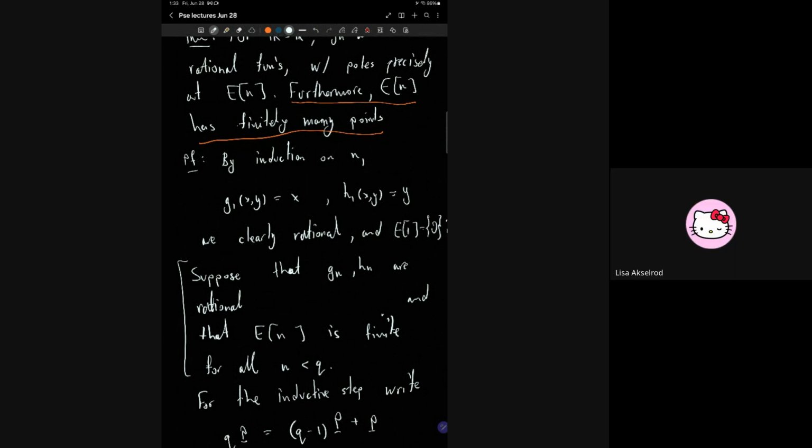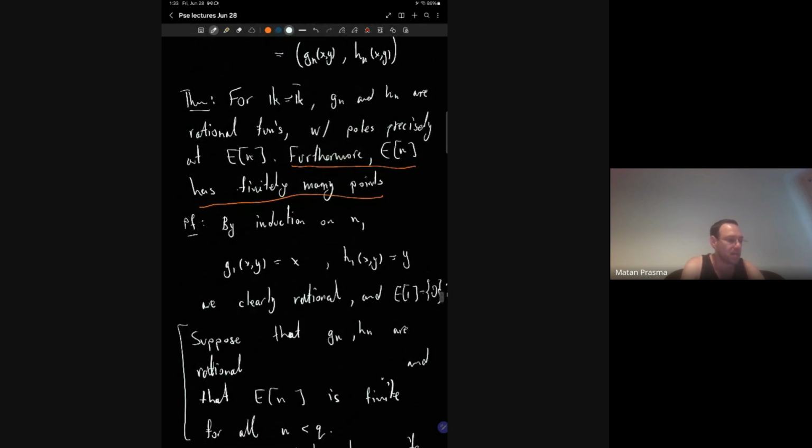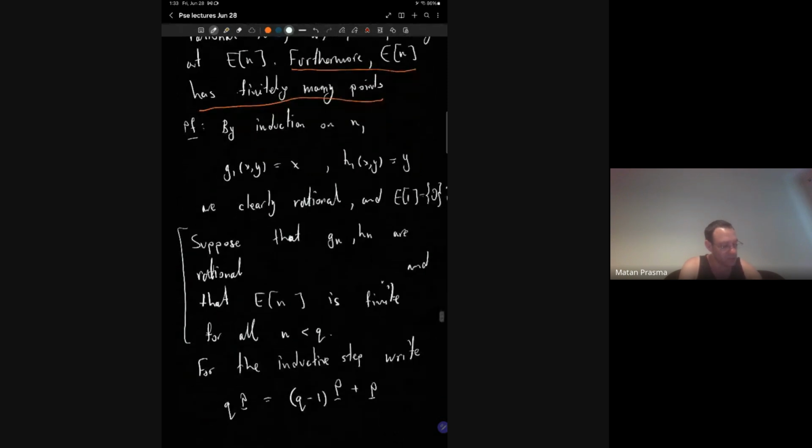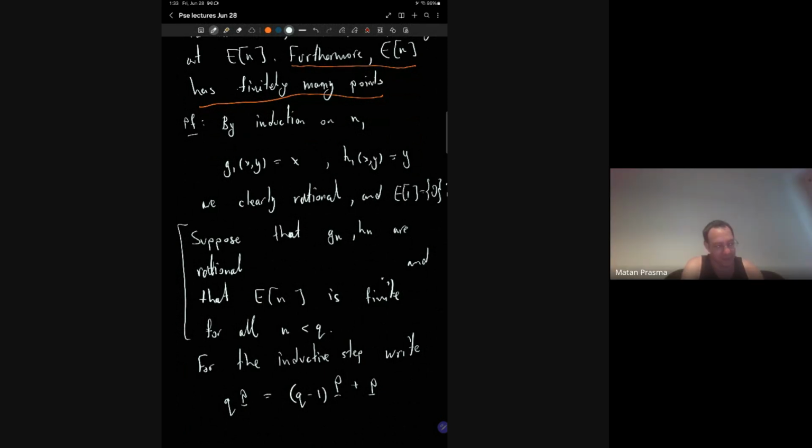Yeah, because the statement itself involves n, so it's nicer to pick a new integer for the induction process.